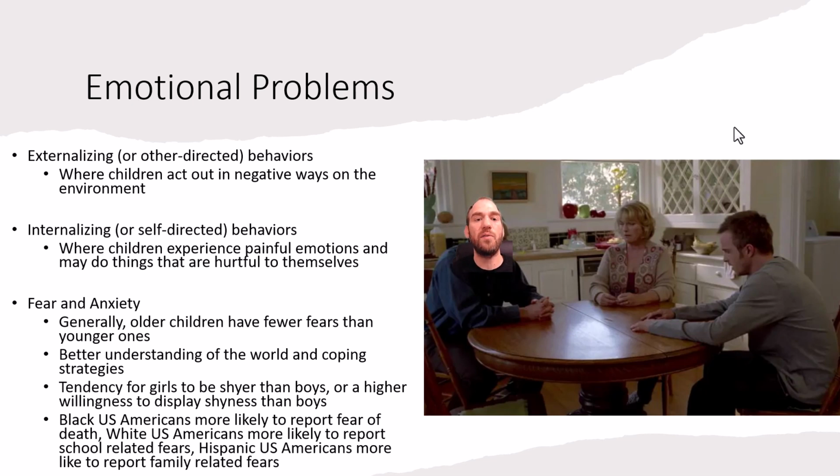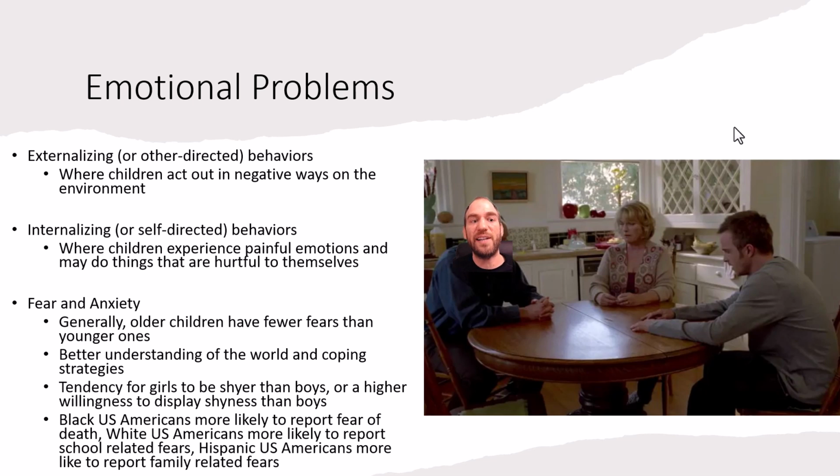So we have different emotional problems. Externalizing, so acting out in negative ways, maybe just punching someone or something along those lines. Internalizing behaviors, typically related to anxiety or something along those lines, just internal, keeping those painful emotions or acting out negatively, almost basically against yourself. Broadly speaking, on average, in the U.S., girls are more likely to have internalizing behaviors.